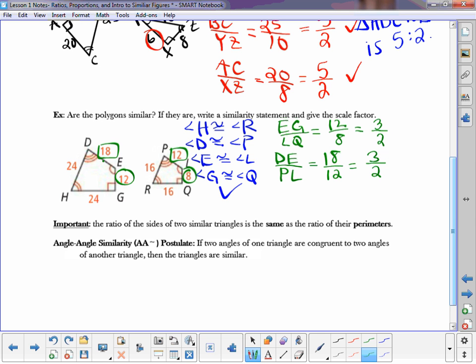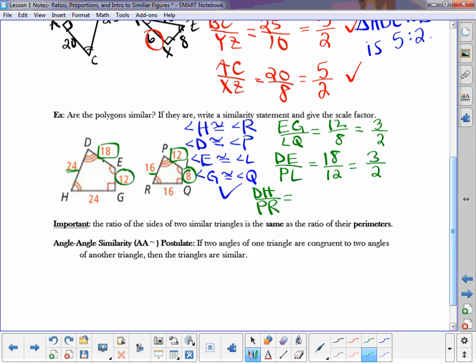Now, interestingly for this last situation, they end up being the same measures. 24, 24, 16, 16. So what's nice is we can write that in one statement. So I'm comparing DH with PR.